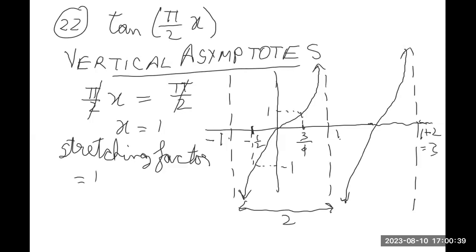Let's look at a couple of variations of this. So if you had y equals negative tan pi over 2 x, the graph would be just like the one in the previous case. The only difference will be that it'll be reflected about the x-axis.